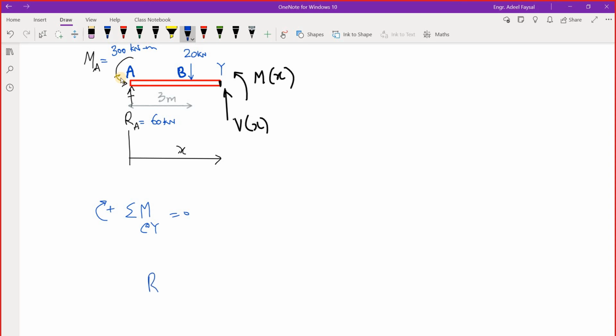So RA, or should I say 60 times x is positive, and what next? Minus 300. What about 20? Minus 20 times its lever arm. Now its lever arm is given by this distance, and this distance is how much? X minus 3.